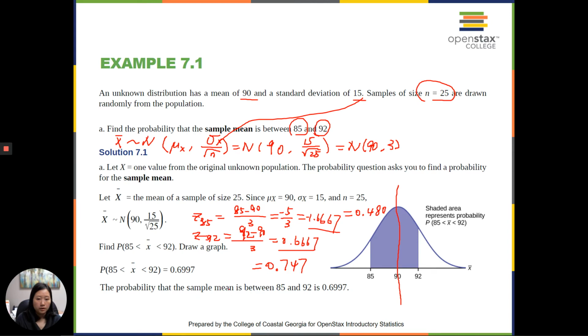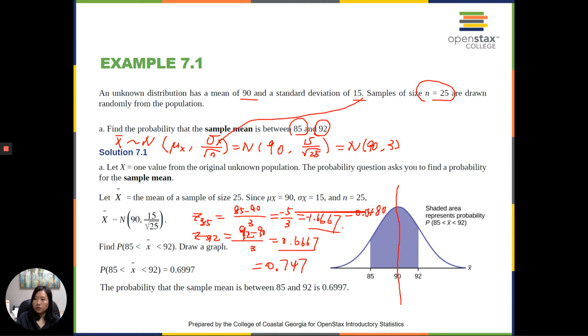So the probability the sample mean is between these is basically the difference between these two numbers. Oh, sorry, I missed a 1 0 here.